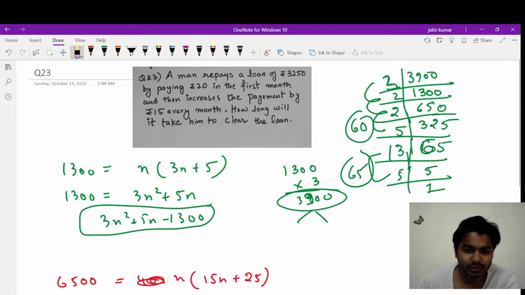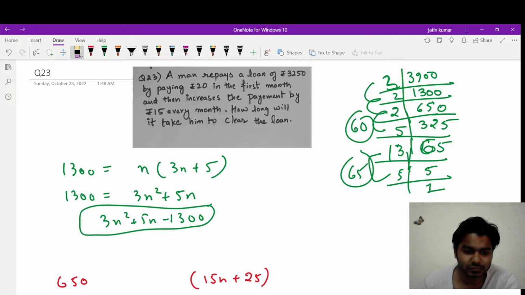By splitting we have got 60 and 65. Okay, so we will do simple splitting.